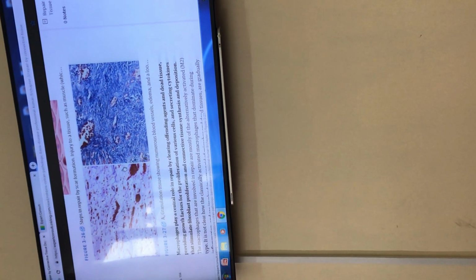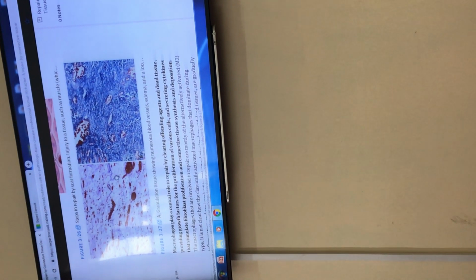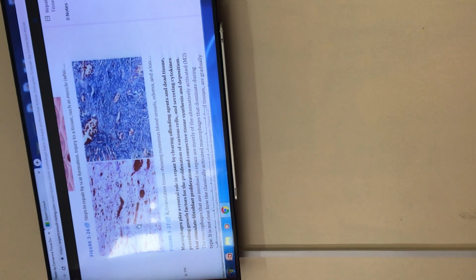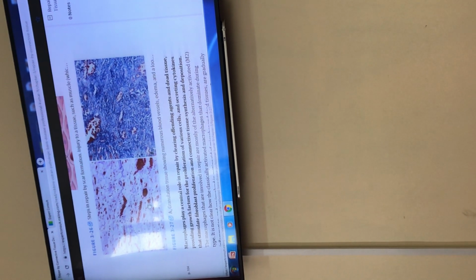This is a granulation tissue. All these reddish areas are new vessels, and you see that there are some empty spaces between the vessels. It's edema.